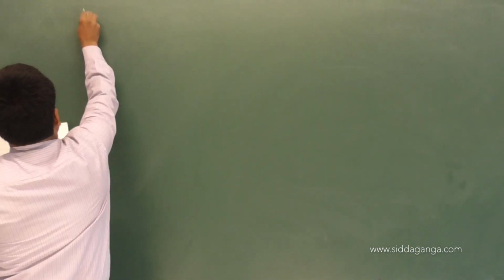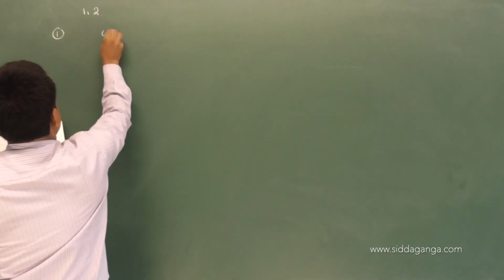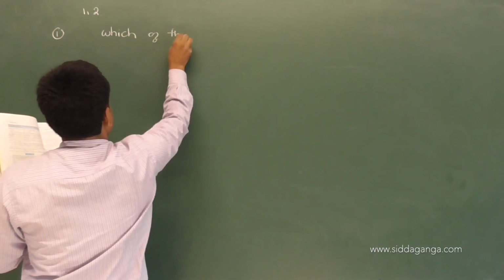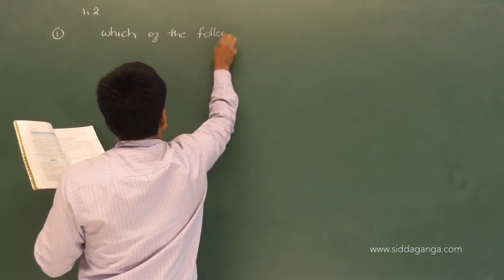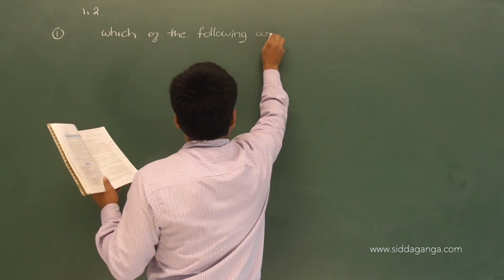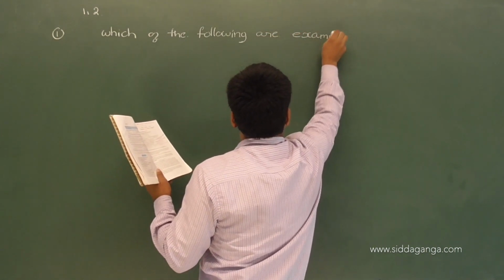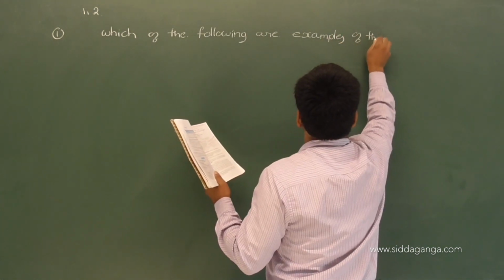Exercise 1.2, first line: which of the following are examples of the null set?